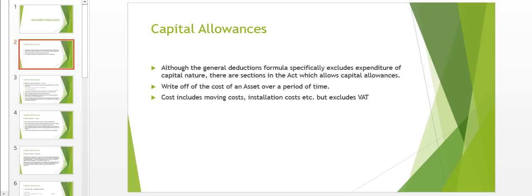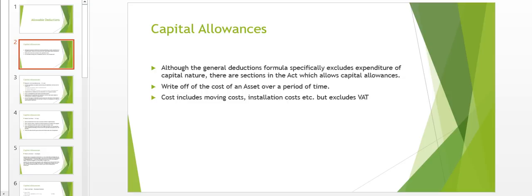If you think about capital allowance, think more in the line of depreciation, but it is a bit broader than depreciation, but generally think about it in that sense. Okay, but a capital allowance is just a write-off of the cost of an asset over a period of time. And very importantly is your costs.